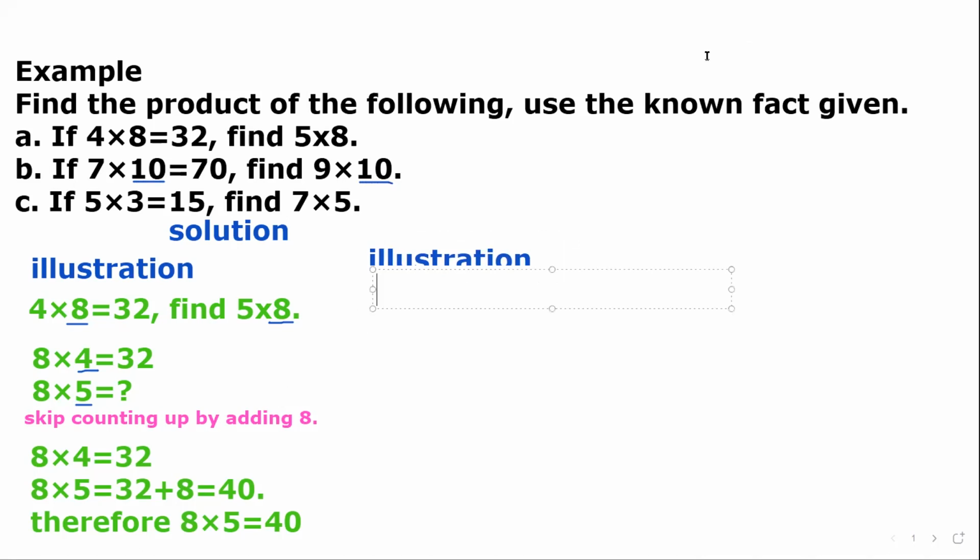Then now you always start with the multiplier. So with the known fact, the multiplier is the 10 times 7 equal to 70.